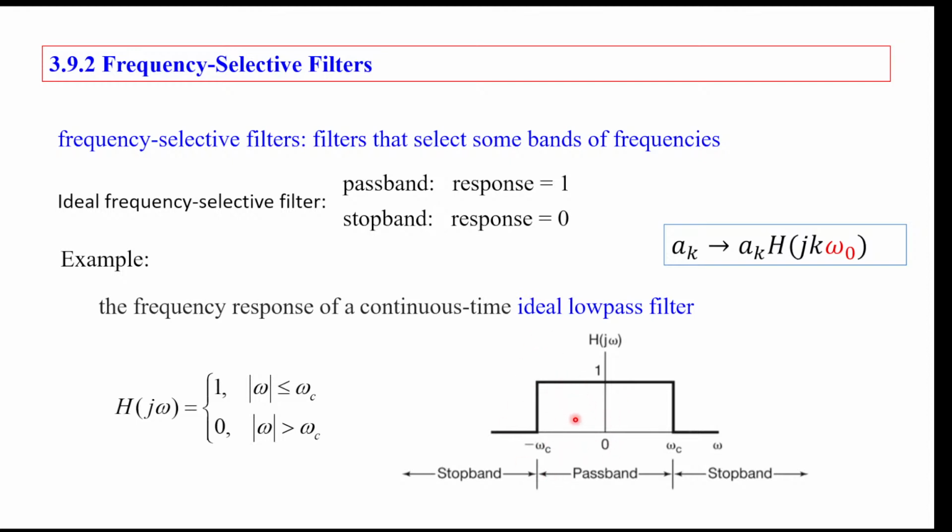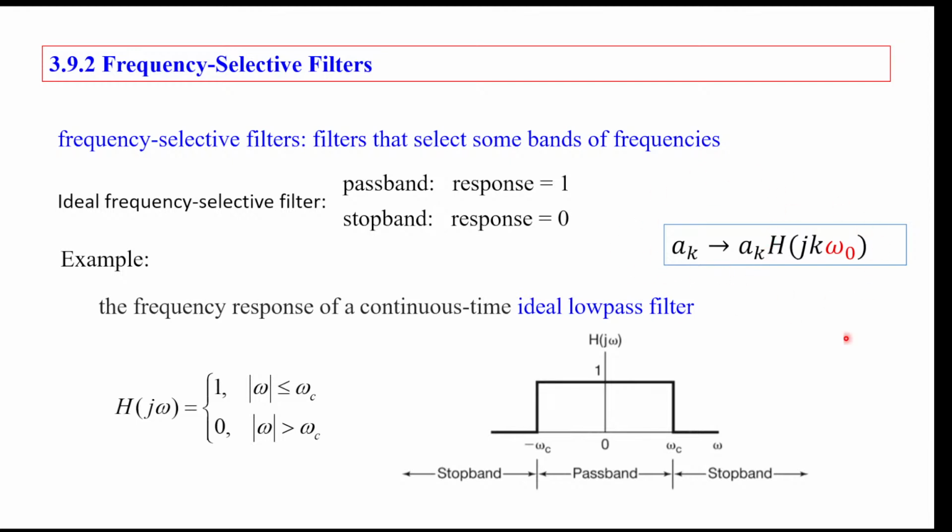So your input signal has some frequency component in the passband. Then because the response is 1, it will perfectly pass through. But for the component in the stopband, the output will be multiplied by 0, and the output will become 0. Okay, as we say here.